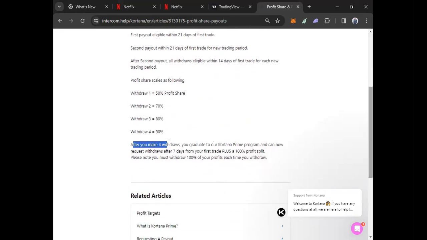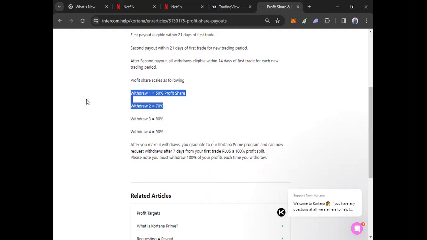After you have made your fourth withdrawal, you graduate to our Kortana Prime program and can now request withdrawal after 7 days from your first trade, plus a 100% profit split. Please note you must withdraw 100% of your profits each time you withdraw. So it means that after the first 2 trades, you're now eligible to withdraw after 14 days.